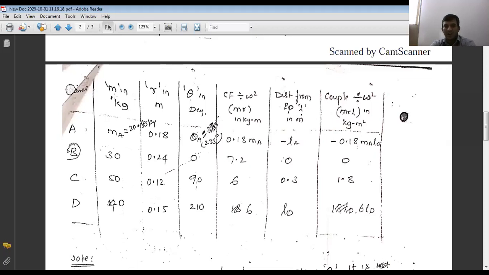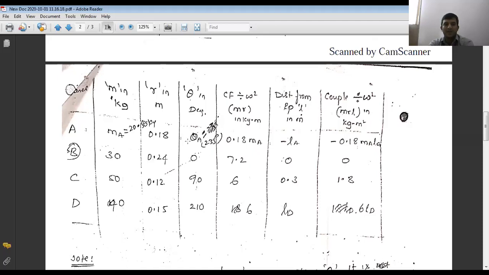First you write the columns, then you fill this table. Then consider planes A, B, C, D. In that, plane B is the reference plane. The mass MB is the mass contained on plane B, that is the reference plane. Here RP stands for reference plane.